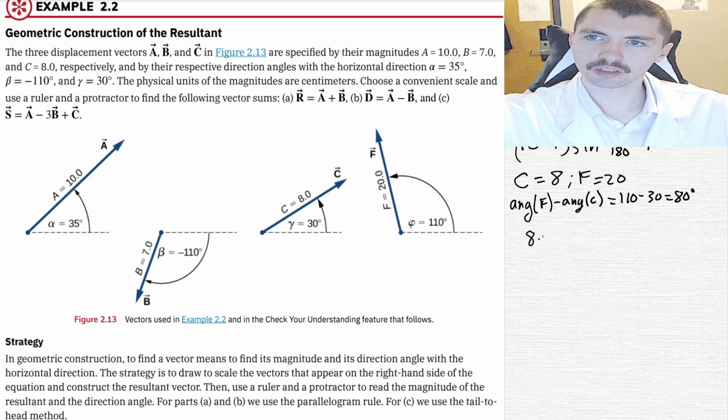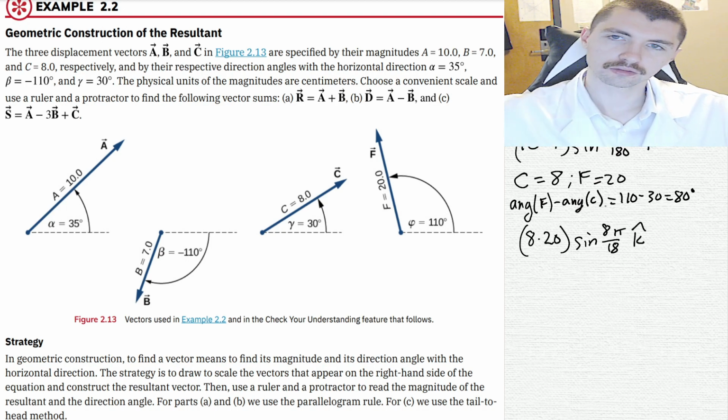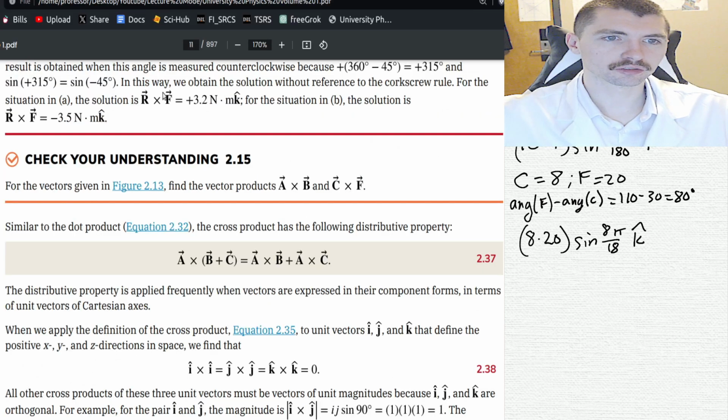So 8 times 20 times sine of 8 pi over 18, k hat. Okay, that's my answer.